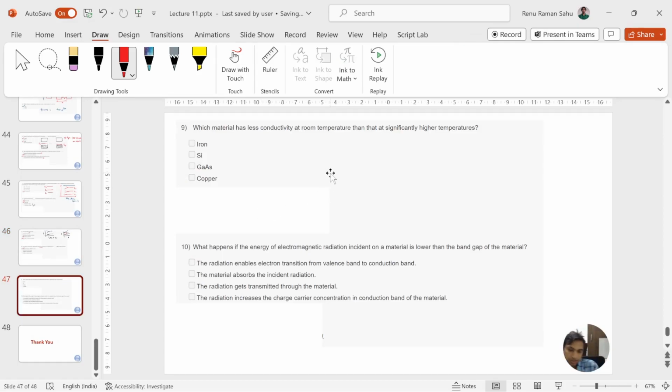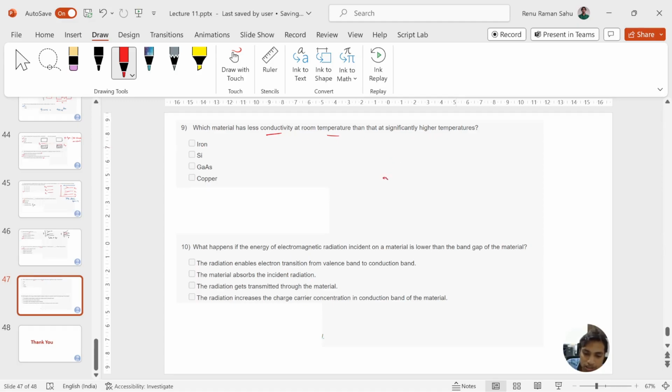Okay. What about this? Which material has less conductivity at room temperature than at significantly higher temperatures? Silicon, gallium arsenide. Gallium arsenide is a compound. Which material has less conductivity at room temperature than at higher temperatures?